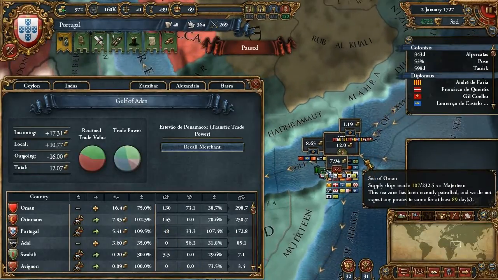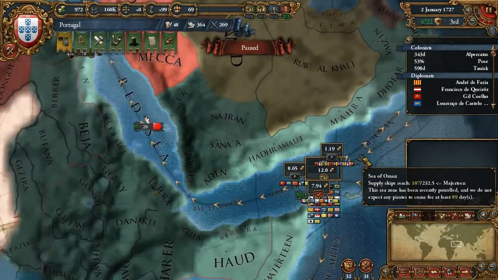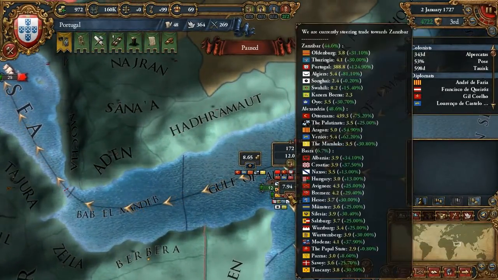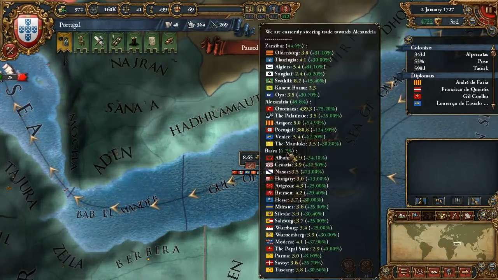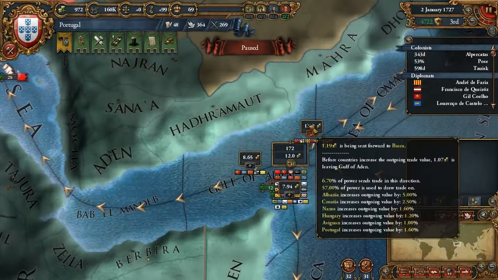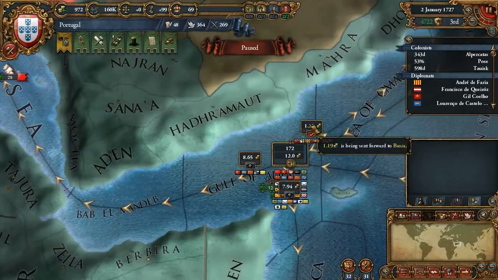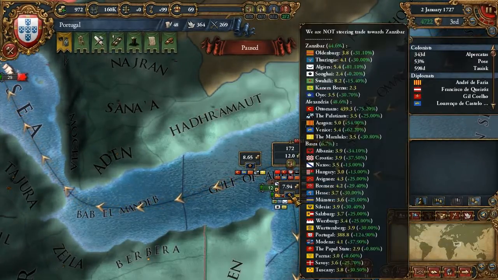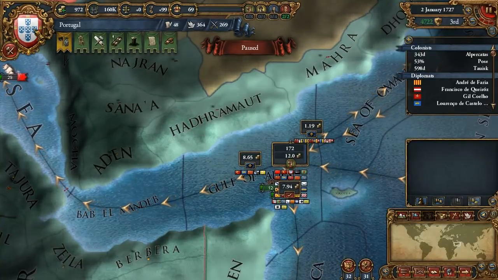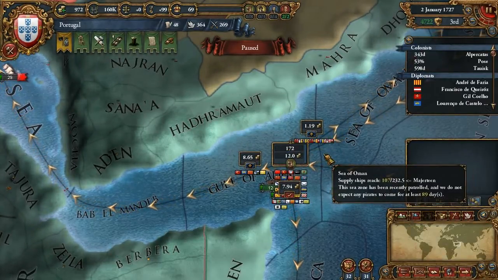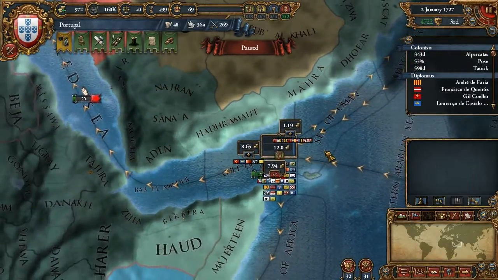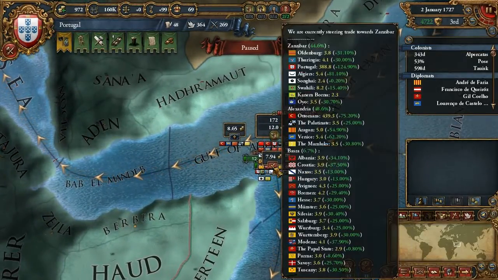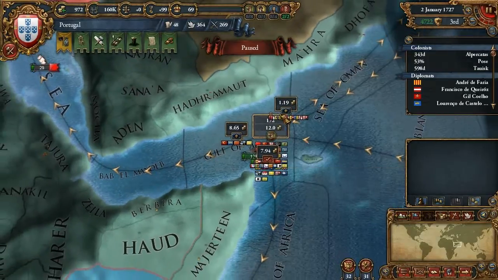And what you want to do with your merchants is that merchants give you an ability to steer money. As you can see, it either goes here, or you can click it and it can go here, or you can click it and it can go here. The values will not update until the end of a month, so I would have to give some time to pass to see the values change. All the calculations of where the money flows get done at the end of a month. So you only need a merchant to determine which way it flows.